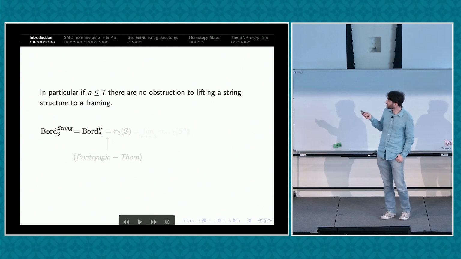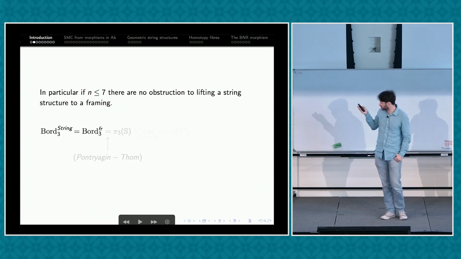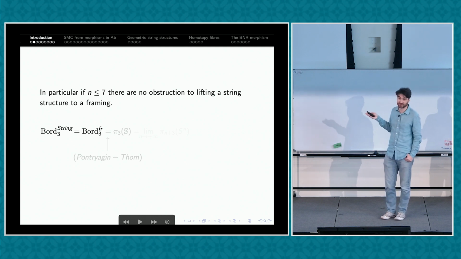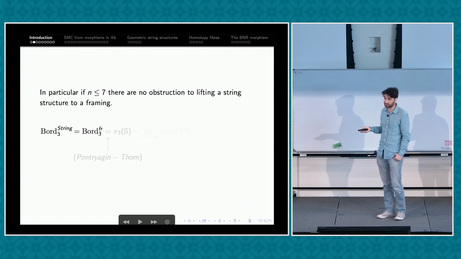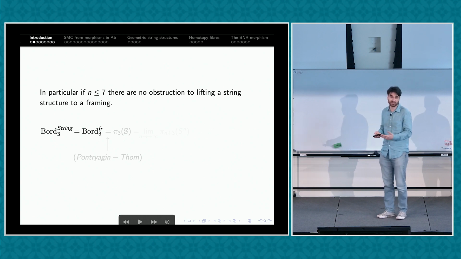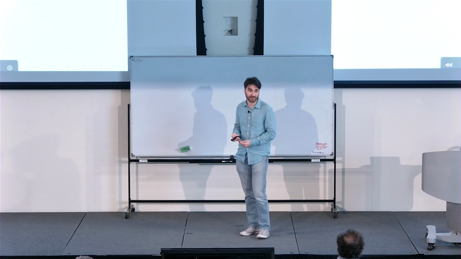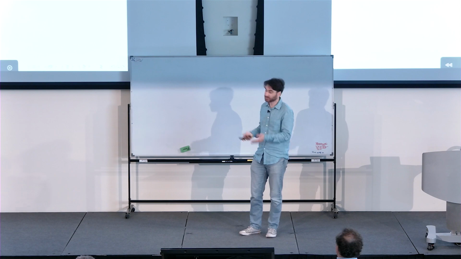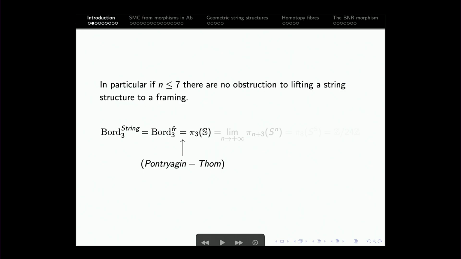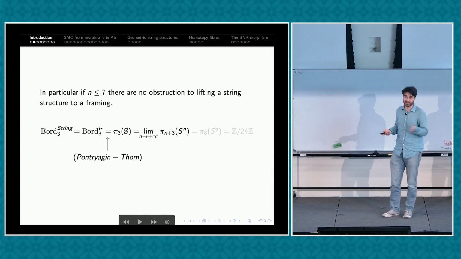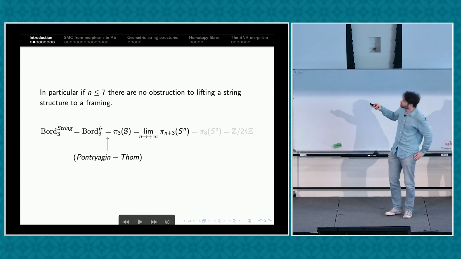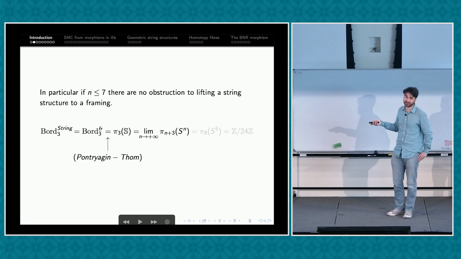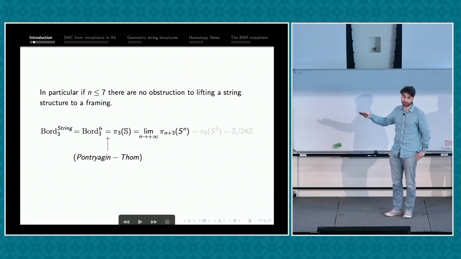What I said is that the three-dimensional string bordism group is the same thing as the three-dimensional framed bordism group. And framed bordism is very well understood by the theorem of Pontryagin and Thom. This is just the stable homotopy group of spheres, so that is just pi_3 of S. Here S is the sphere spectrum, but if you're not familiar with spectra, then just think of that as the limit of the (n+3)-th homotopy group of the sphere S^n, and the limit is taken over the suspension maps.